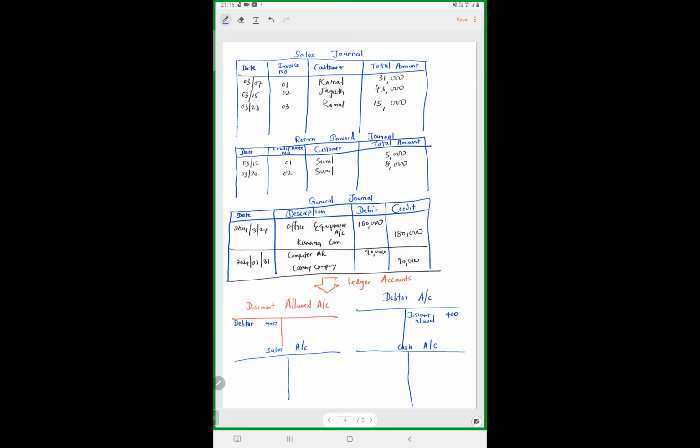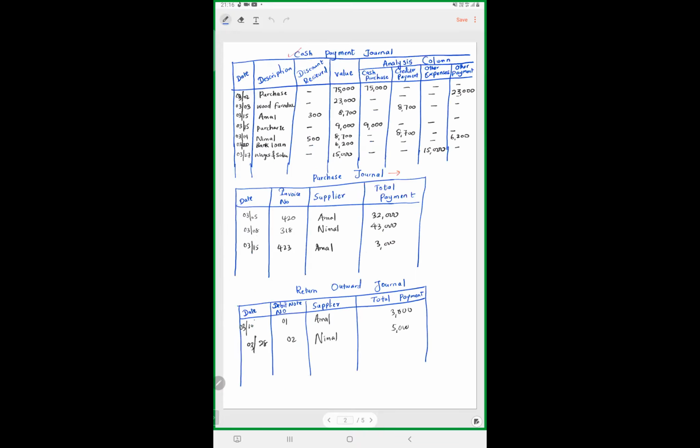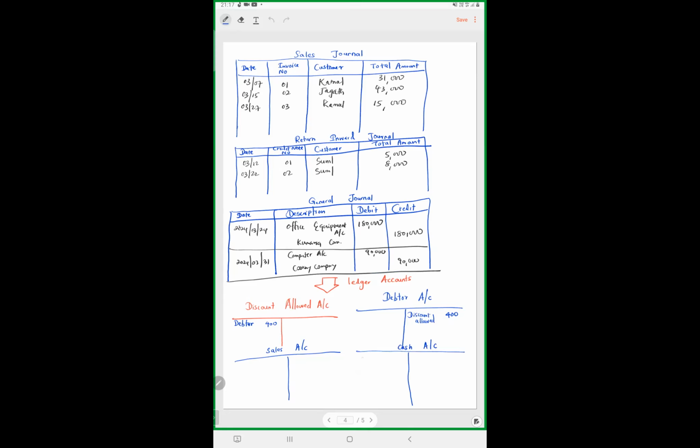If we are receiving money from sales, cash account debit. How much are we receiving? 90,100. We call it sales. Cash account debit, sales account credit, as cash, 90,000.